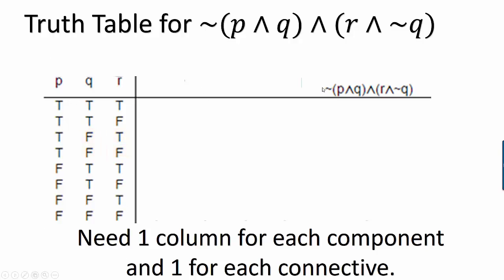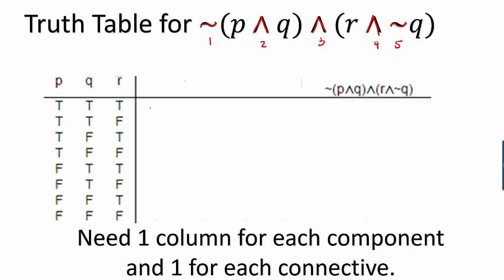In order to get the rest of the truth table, you have to set up more headings besides just P, Q, and R. We're going to use the technique of setting up an individual heading for each of the connectives. We have a negation, and then an and joining the P and Q, an and joining the two sets of parentheses, an and joining the R and the negation of Q, and then we have this negation being applied to the Q. So we have 1, 2, 3, 4, 5 different connectives.